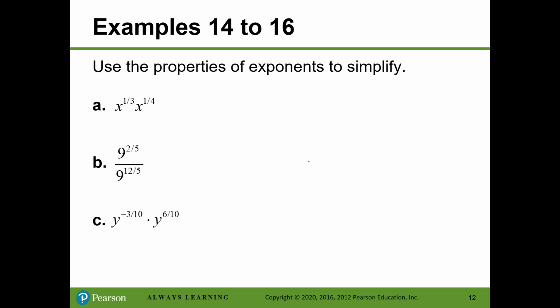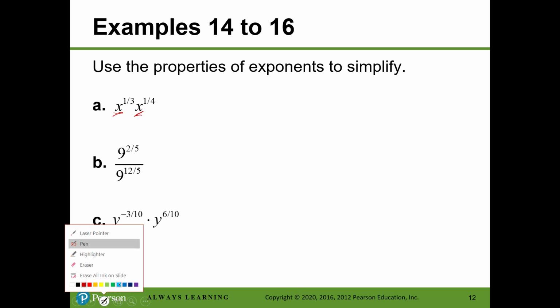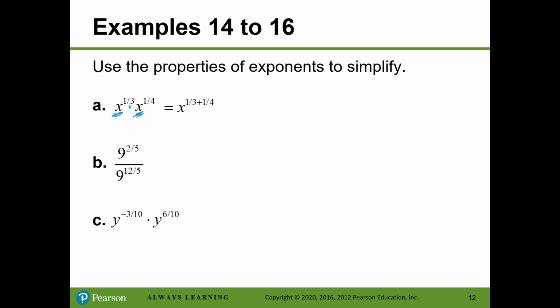The key to combining any of these is making certain that your bases are exactly the same. And in this case, they're exactly the same, which means since I am multiplying and my two bases are exactly the same, what do we get to do between the exponents? Good. Hopefully you remembered the last slide, and that means you get to add the exponents. But you're adding fractions, aren't you?